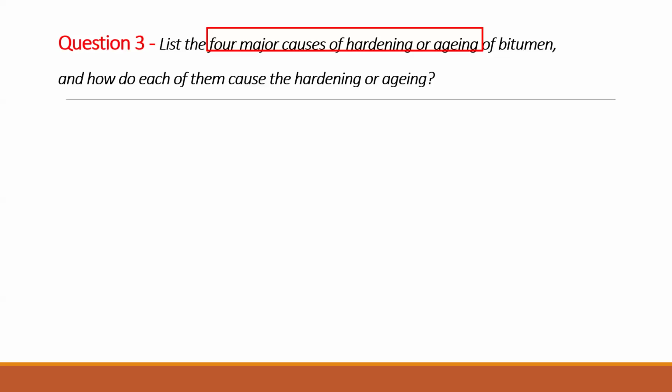But if you form new particles, it is increasing the weight. But if it is evaporating, it is decreasing. If it is absorbing into the aggregates, again it decreases the binder content separately.